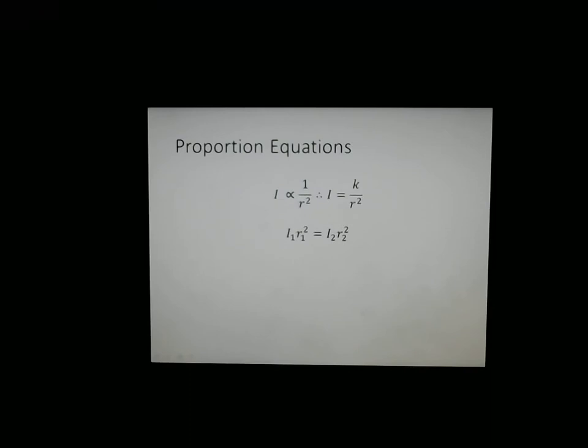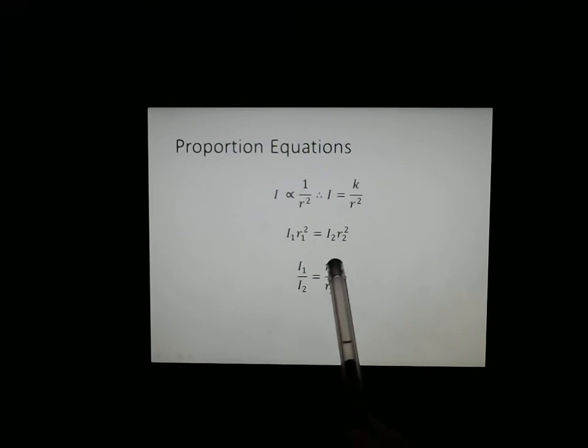There's also a way to think about it in terms of ratios, but I think this one might be a bit tricky. I1 over I2 equals r2 squared over r1 squared, because the proportionality is inverse, so our r's have to flip over each other.